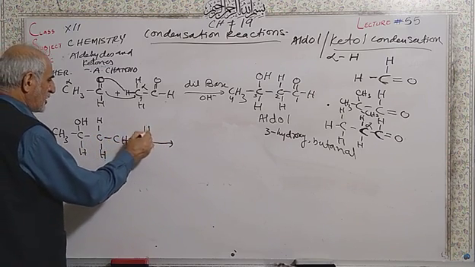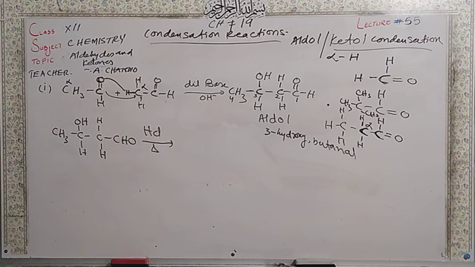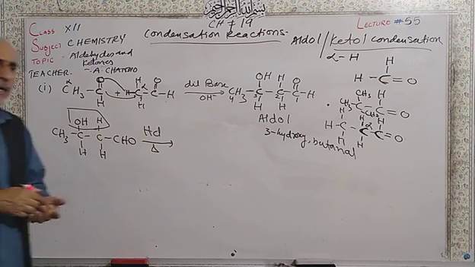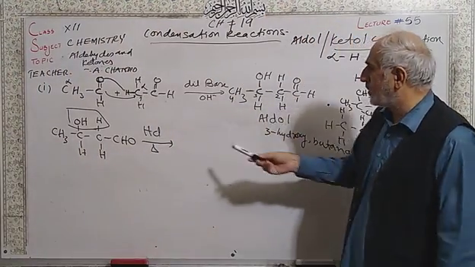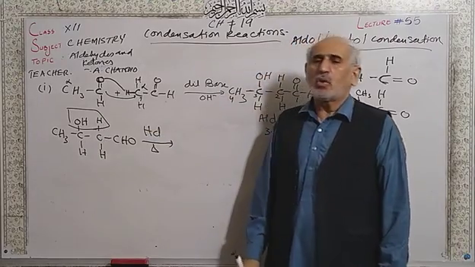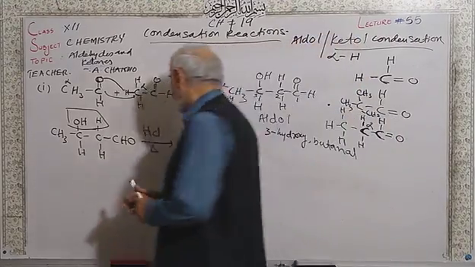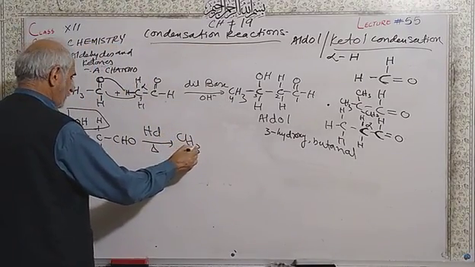In presence of HCl, acidic, with heat, there will be a condensation, meaning removal of a small molecule. Again there is a use of the alpha carbon. Again the alpha carbon participates. This is the alpha carbon, hydrogen, and OH alcohol. They remove the water, and you will get an alkene.